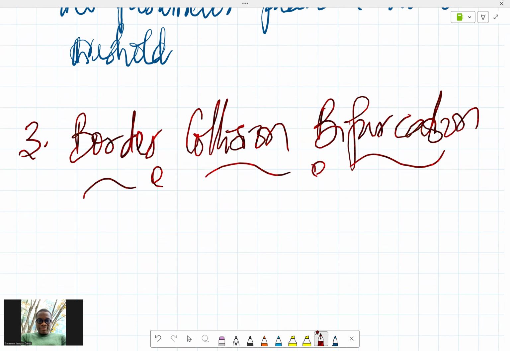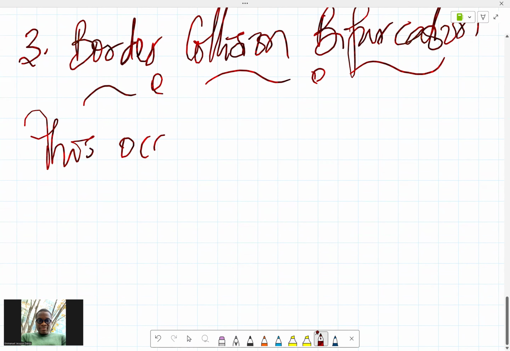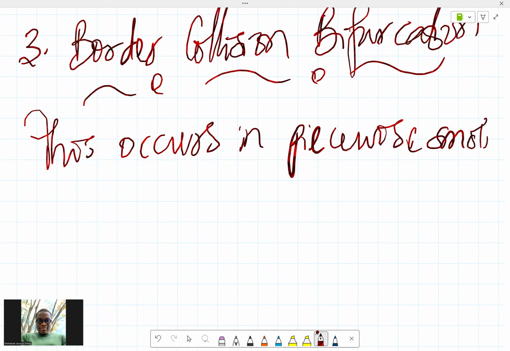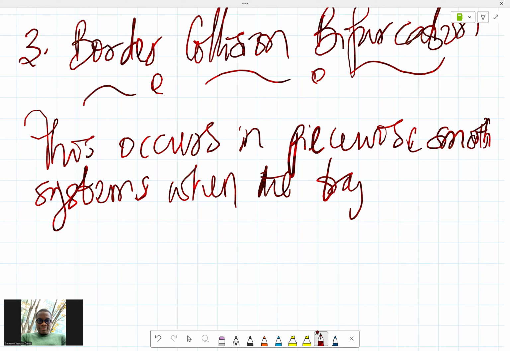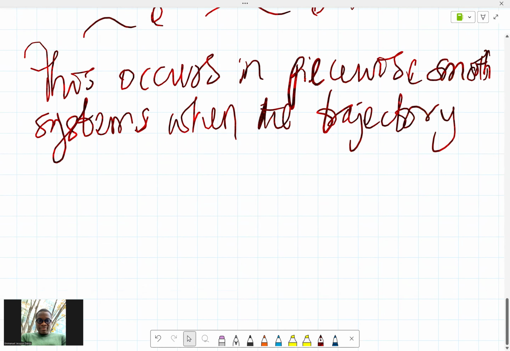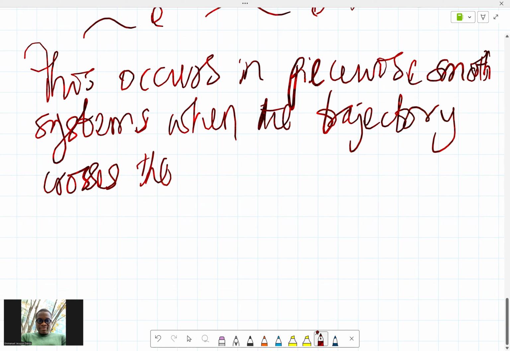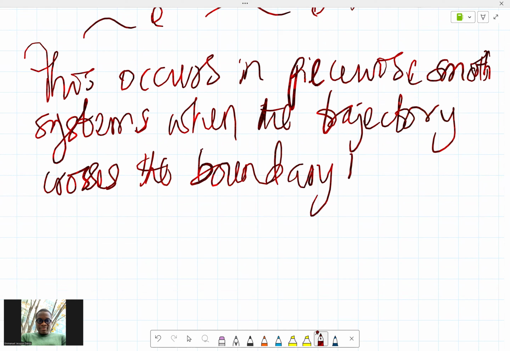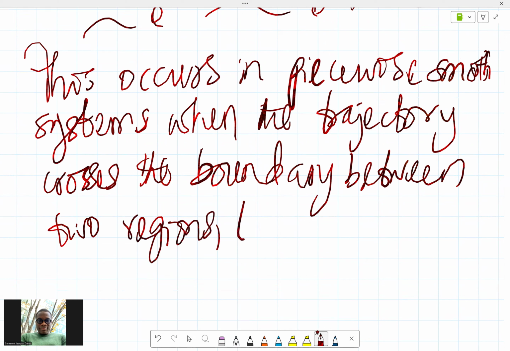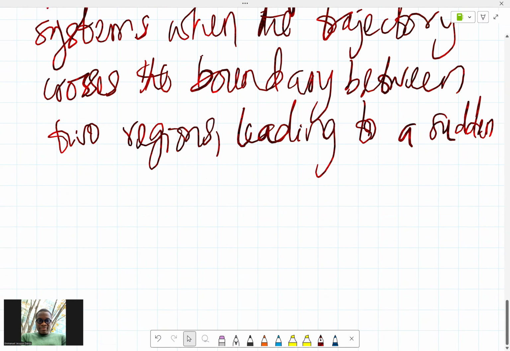This occurs in piecewise smooth systems when the trajectory, which we talked about when looking at phase plane analysis, crosses the boundary between two regions, leading to a sudden change in system behavior.